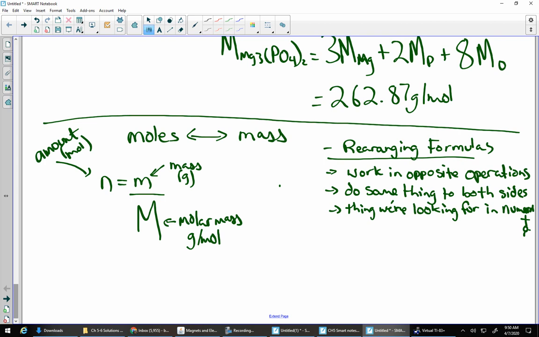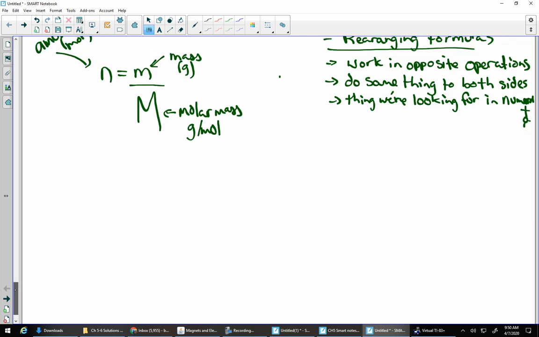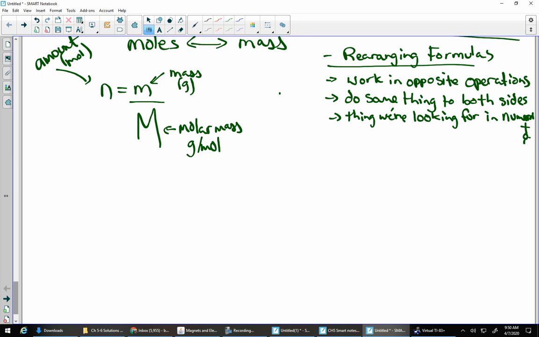Let's do one real quick example of this just to kind of see, because there's two things you're typically solving for here. You're either solving for the mass or you're solving for the amount. So let's say that we had a question where we were asked to solve for the amount. We're looking for n. Do I even need to rearrange this equation? No, right?